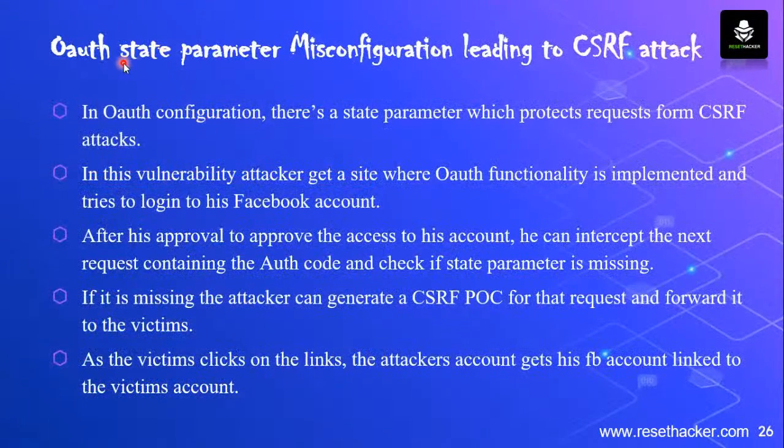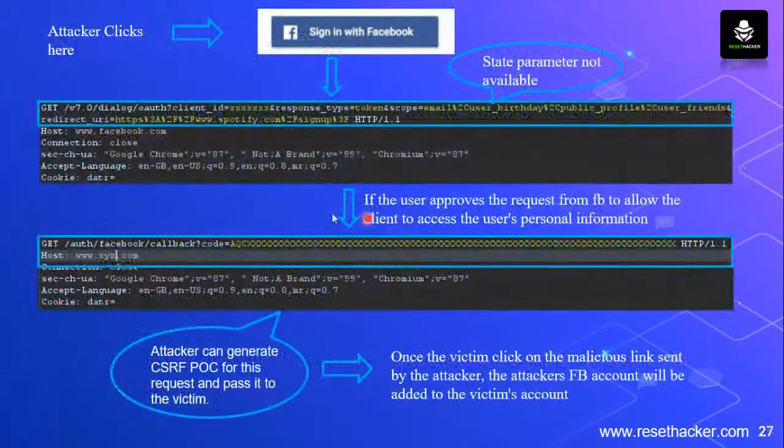The next vulnerability is OAuth state parameter misconfiguration leading to a CSRF attack. As I said, this is the theory part, so we'll see it here in detail. If the attacker clicks on sign in with Facebook, it is the same thing: client ID, response type, scope, and redirect URI are there.